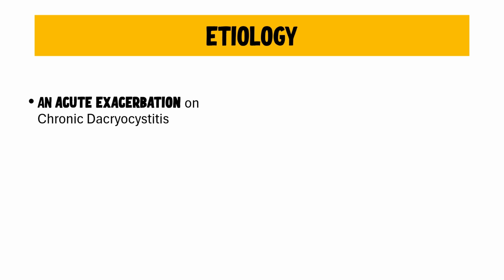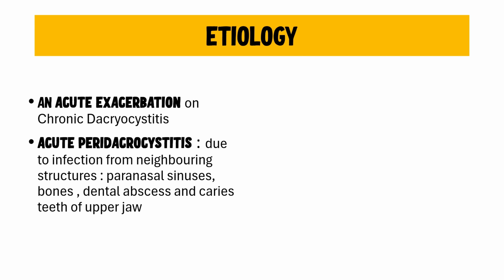So what is the etiology? You can have an ongoing chronic infection lingering in the sac, and that infection can suddenly increase, leading to an acute exacerbation on chronic dacryocystitis, or an acute dacryocystitis in a patient who already has a chronic dacryocystitis. Apart from that, you can have acute peridacryocystitis.